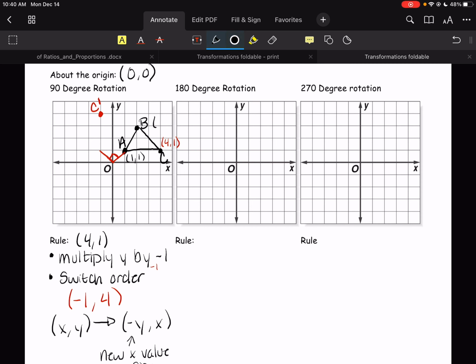B is 2, 3. So 1, 1 is kind of easy. It's just going to become -1, 1. And B is going to become -3, 2. And redraw your triangle.